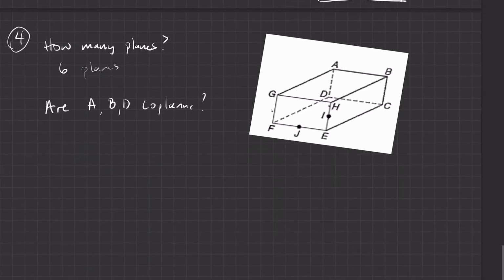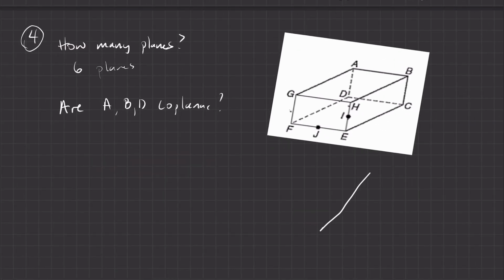So let me go ahead and draw that. So here's A and B. You can see that it's on the top. What else is on the top? G and then H. So is D there?